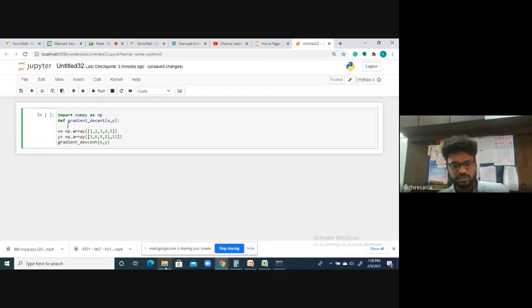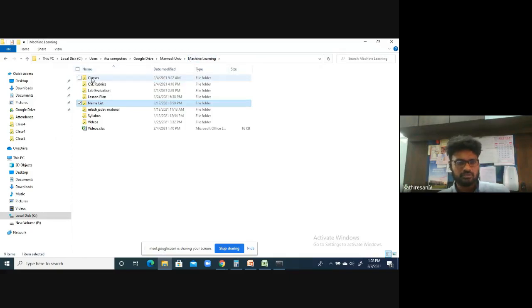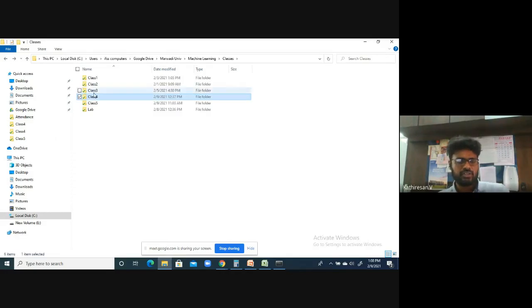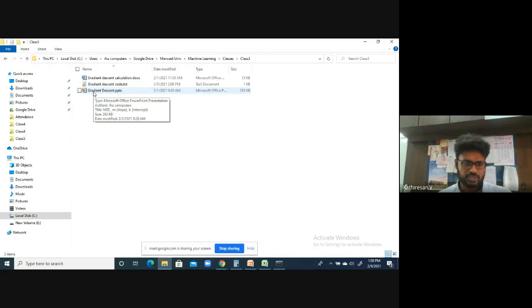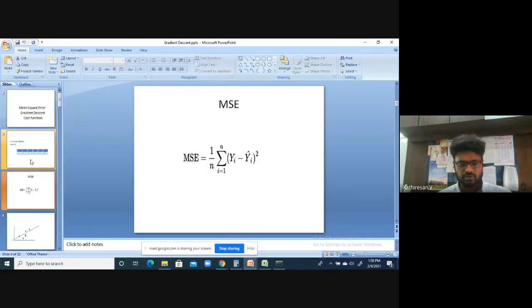Before getting to this definition, I would like to explain how gradient descent works. I'm not getting into detail because we already discussed it in the normal class session. I'm just brushing up for your better understanding. Gradient descent works based on the mean square error.